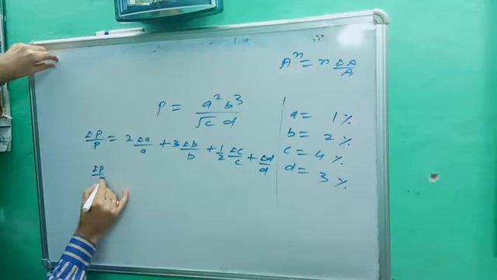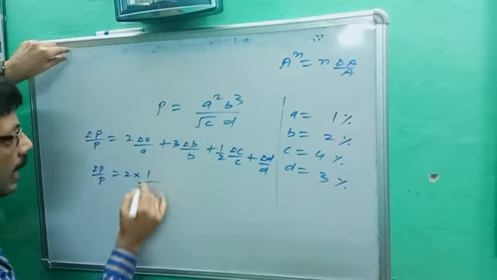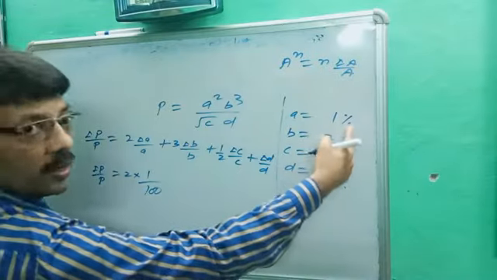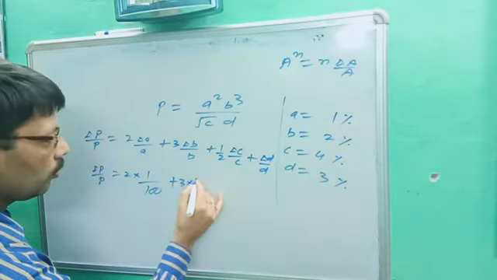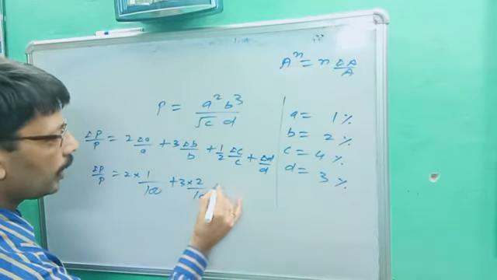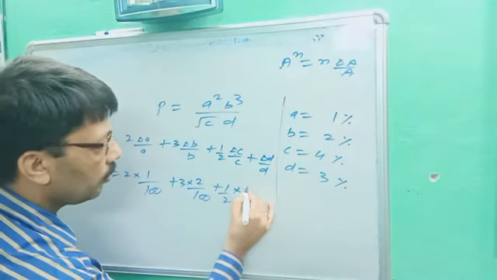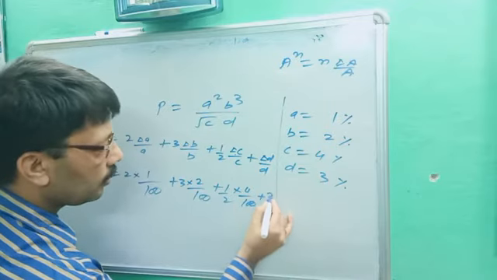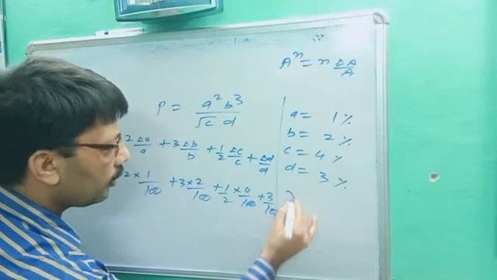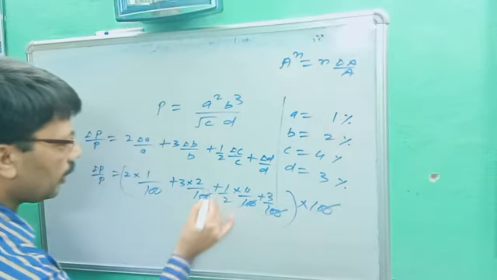Del P upon P is equal to 2 into del a upon a, that is 1 upon 100, plus 3 into 2 upon 100, plus 1 upon 2 into del c upon c, that is 4 upon 100, plus del d upon d, 3 upon 100. For percentage error, multiply by 100. The 100 will cancel out.